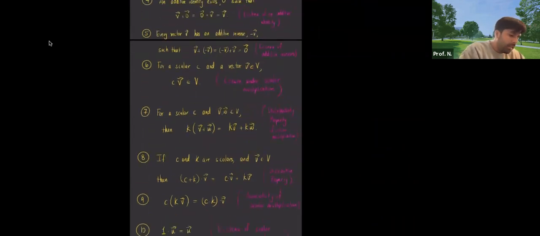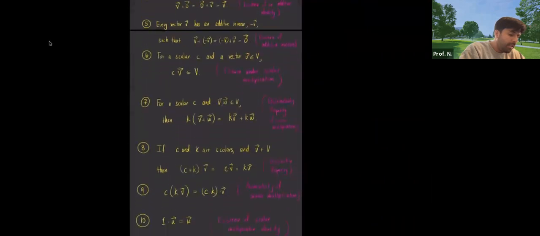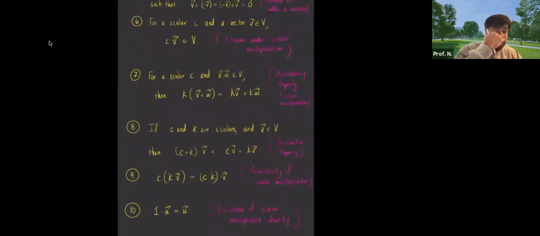Okay. So we went from a very computationally heavy perspective of vectors, and now we're becoming more on a general abstract viewpoint.